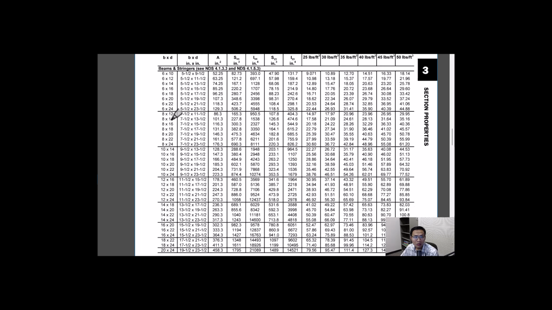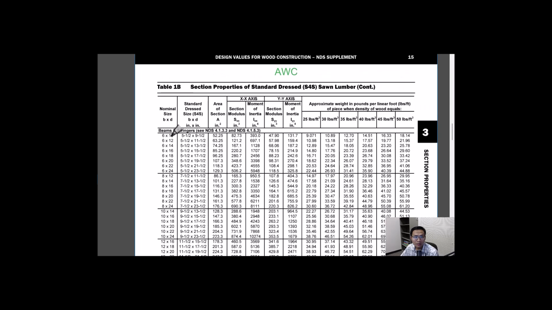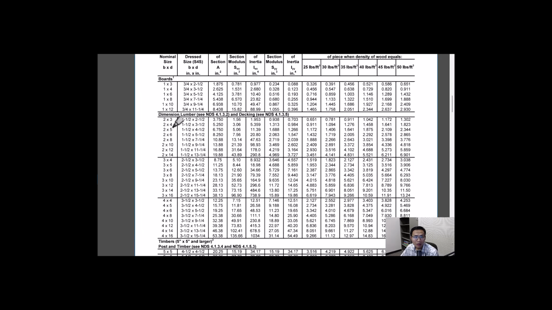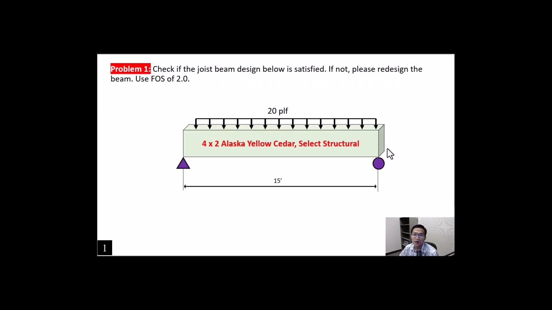So let's check for 2 by 4. 2 by 4 here. And over here we have S. We have S of X and S of Y. Which one we should use? So now you take a look here.